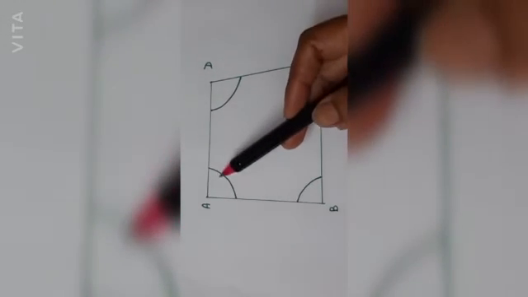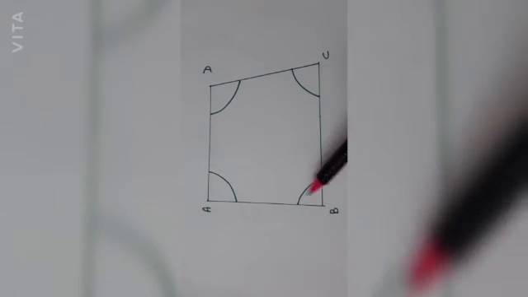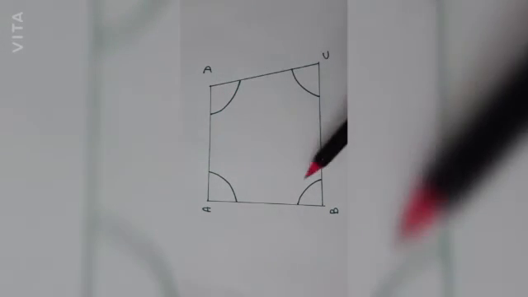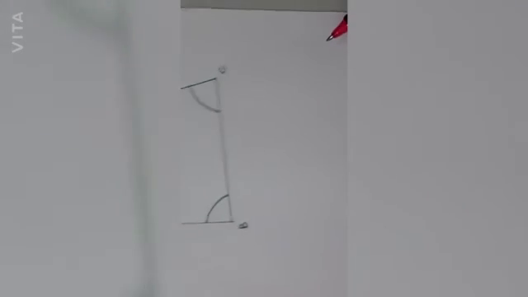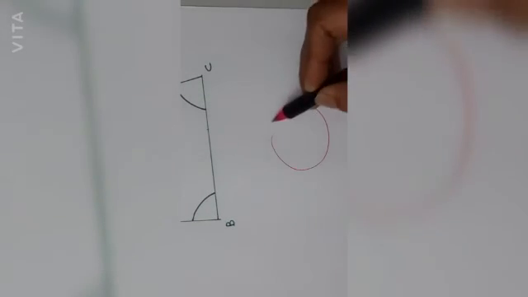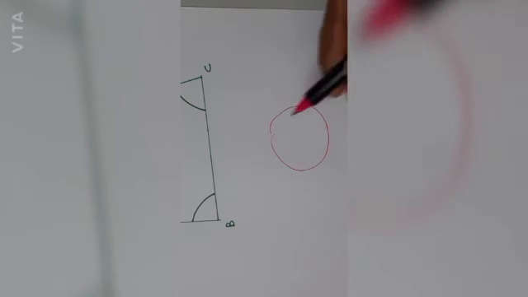Now cut the 4 arcs, A, B, C, D, with the help of scissors or a cutter. Paste the cuttings of the arcs in such a way that they form a circle. At the last, note down the observation.